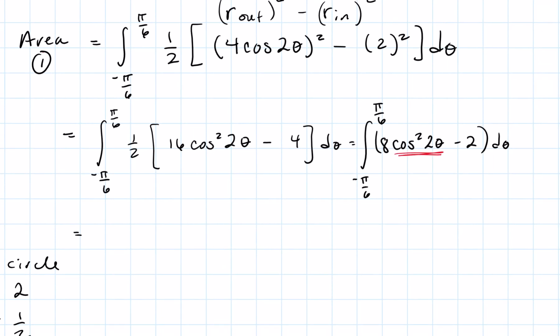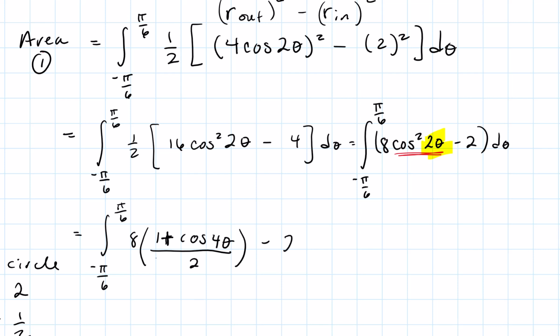So this is going to become the integral from negative pi over 6 to pi over 6. We're going to get 8 times 1 plus cosine of, now it was cosine of 2 theta here, so when I apply the identity, I have to remember to double that. So I get 1 plus cosine of 4 theta over 2 minus, not doing anything with the 2 right now, d theta.